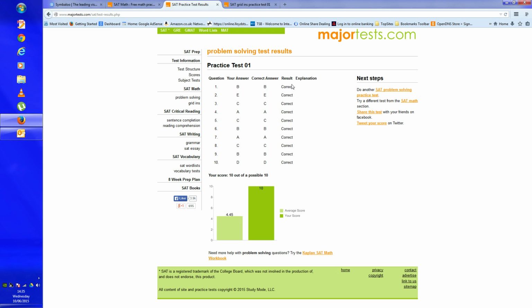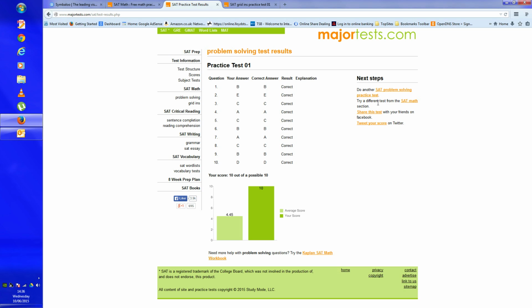Basically, we got the correct answers there, and as you can see, it shows you what the correct answer is for each one of these practice tests here. In fact, you used to have an explanation of the answer as well, why the answer is this particular answer. They seem to have removed that, I believe.